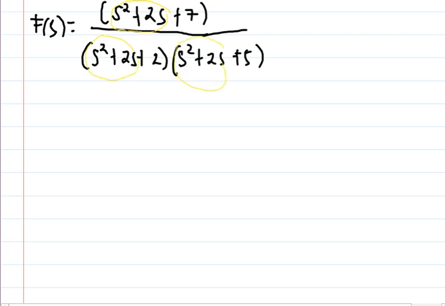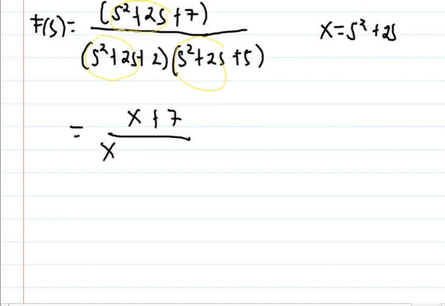I could simplify the equation by letting x is equal to s squared plus 2s. Okay, so kung himuon ko siya nga x na lang, so I could simplify this one. Ang mabilin, we have x plus 7 is equal to, so I have x plus 2 na lang, and then I have x plus 5.